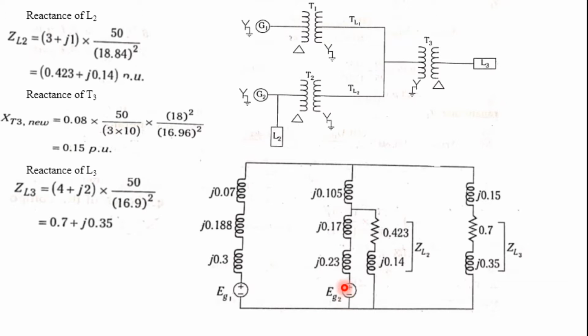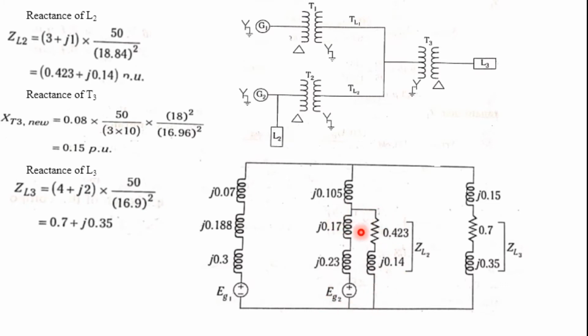Where the load L2 is connected, just look here, the load is connected across the transformer. Understand, across the transformer means the generator and transformer side, so you have to connect it here. Till here it is connected to the low voltage side of the transformer. This is having the impedance in terms of resistance and reactance, which is connected in parallel to this part of the network.